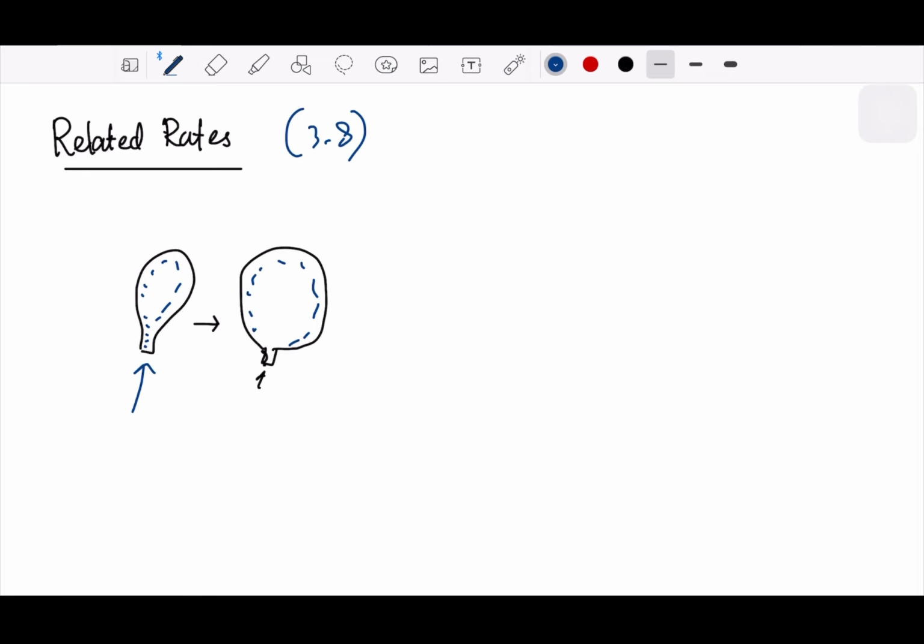Maybe when the volume increases, of course it has time, like this is maybe at t equals 0, and maybe this is t equals some time, okay, maybe several minutes. But when you calculate the volume change, we can have the rate of volume, right? So let's say we have the rate of volume, maybe 100 centimeter cube per second.